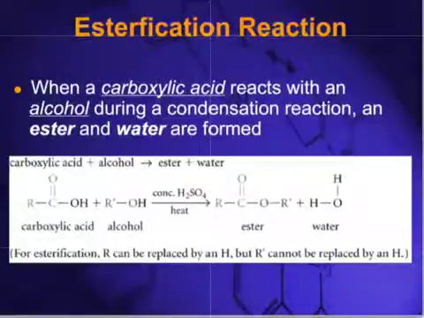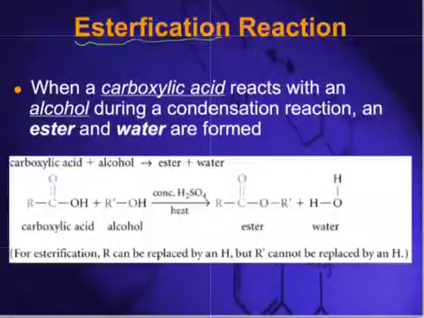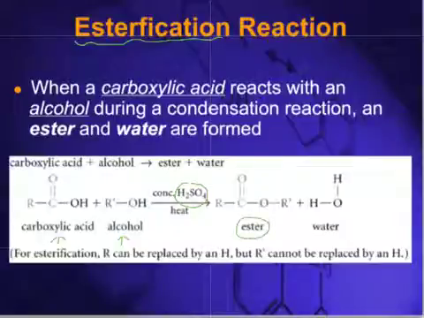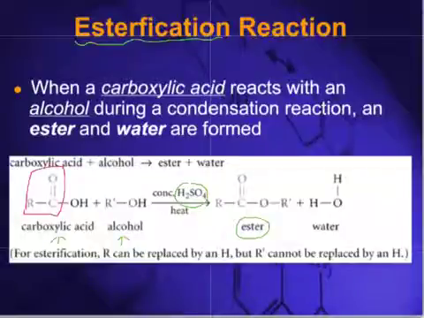Carboxylic acids undergo what's called an esterification reaction when reacted with an alcohol. So again, an acid plus an alcohol in the presence of sulfuric acid will produce what is called an ester. Here, the slightly grayed out portion of the carboxylic acid becomes this part of the ester.